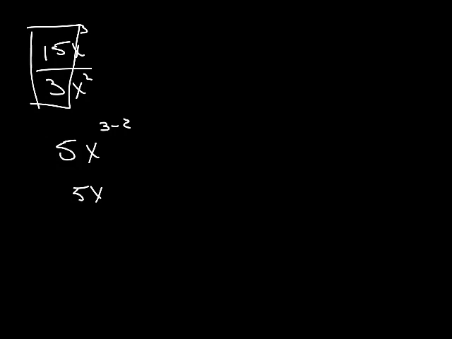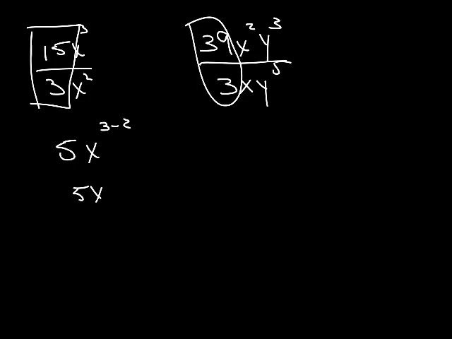Alright, when you look at b, we've got 39x squared y cubed over 3xy to the fifth. So 39 divided by 3 is 13. And then x squared over x would be x to the 2 minus 1, which would be just x, or you don't even have to have the 1 there.